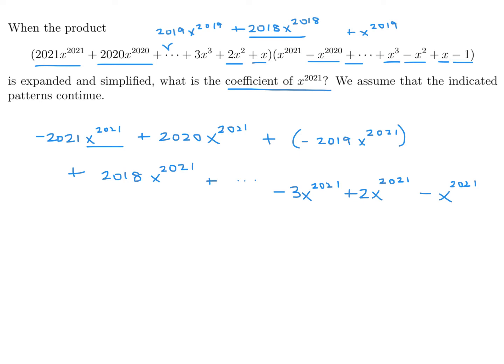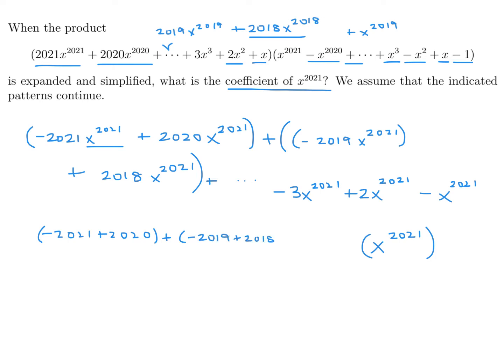Now, if I factor out the x to the power of 2021 and just look at the coefficients, then you'll get a pretty good idea of what's happening. Just pair them. When you pair them, you'll get minus 2021 plus 2020. That's the first pair. And then if you pair the next two, you get minus 2019 plus 2018.